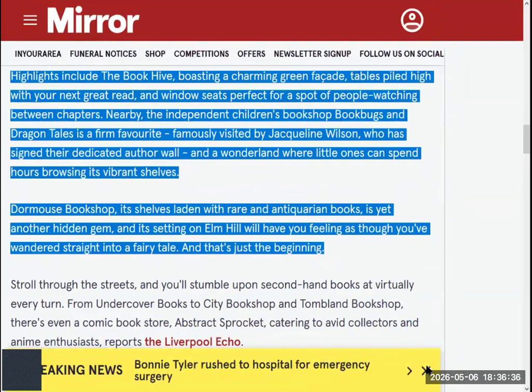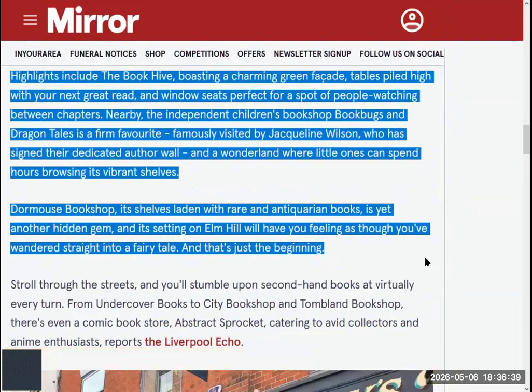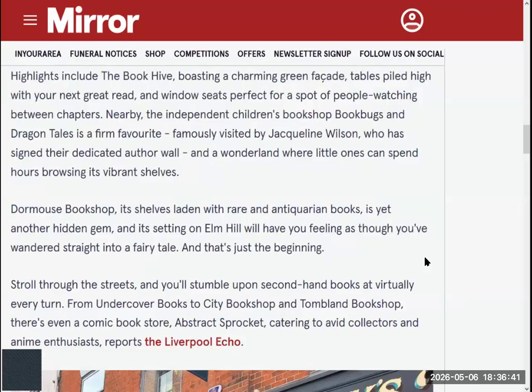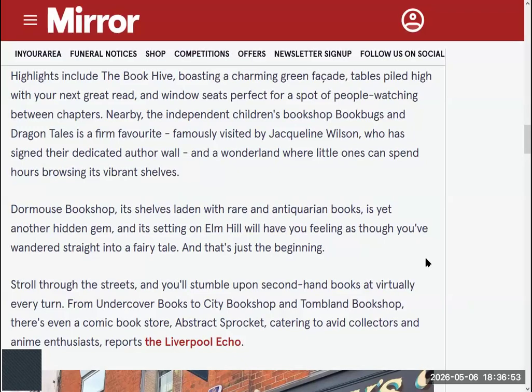Highlights include the book Hive, boasting a charming green facade, tables piled high with your next great read, and window seats perfect for a spot of people watching between chapters.